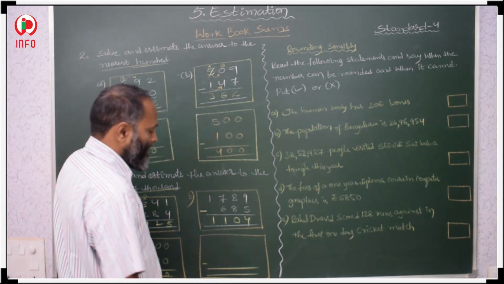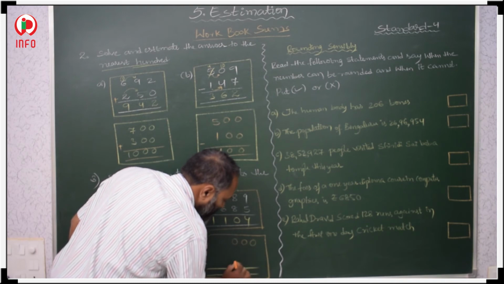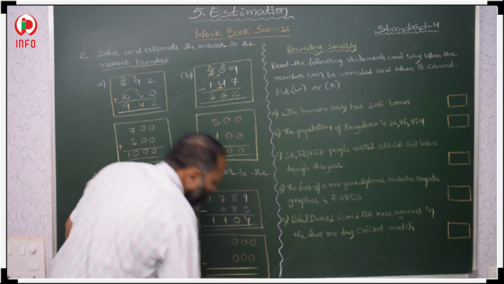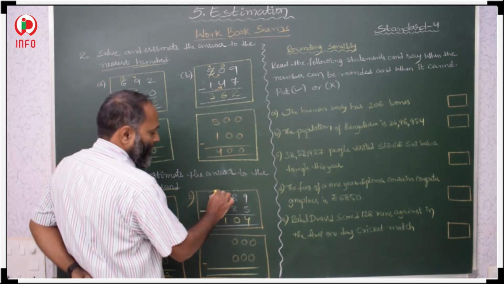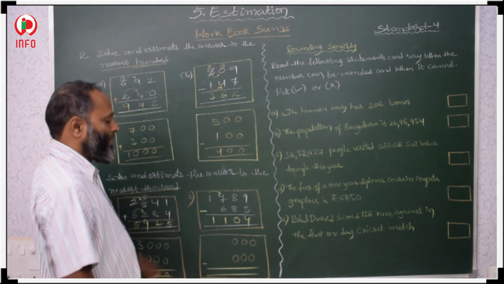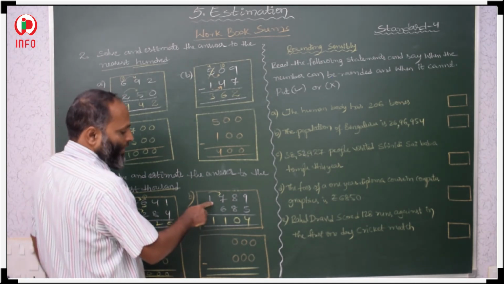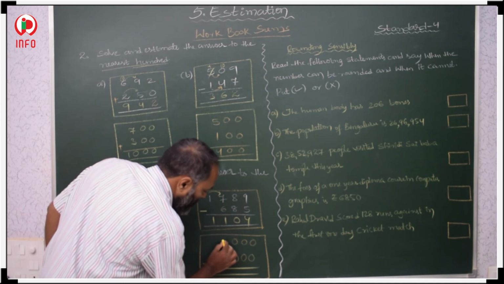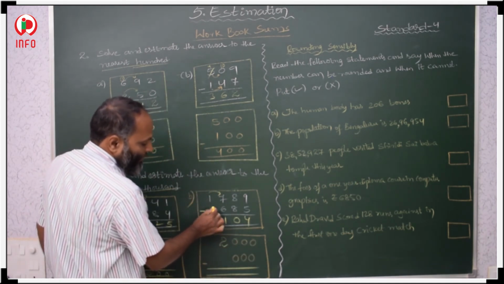Now nearest to thousands means ones place, tens place, hundreds place, we have to take zeros. Here in the hundreds place what is there? 7. It is more than 5, so we have to add plus 1 to this, then we will get 2. Now here nothing is there, then take 0.